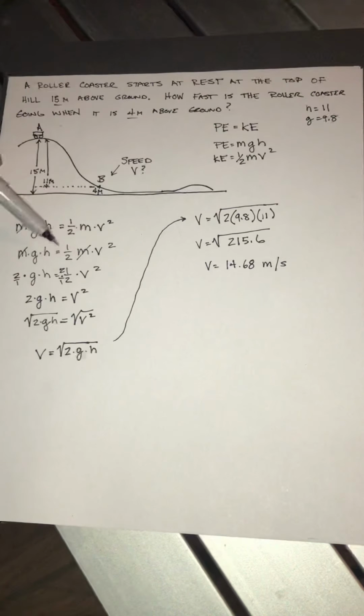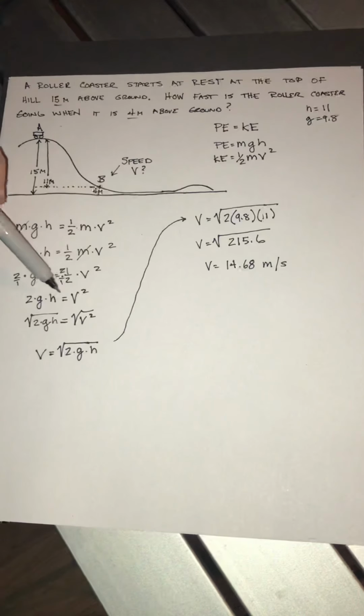Well, how do you get rid of this 1/2? You have to multiply it by its inverse, which is 2 over 1, or just 2. So if you do that, 2 over 1 over here cancels out, and then 2 over 1 over here comes down to 2 times g times h equals velocity squared.